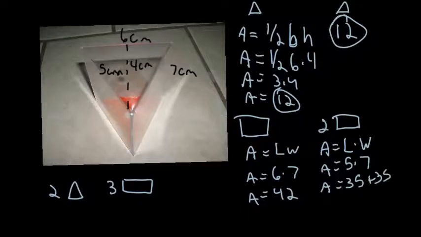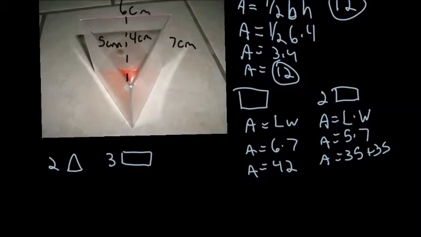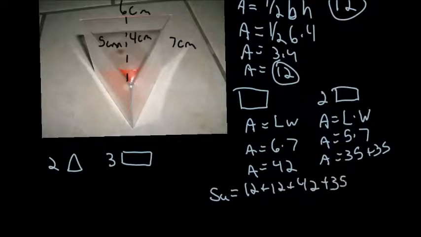So now I need to add all these up. So let's get a little room here. So my surface area now is going to equal 12 plus 12 plus 42 plus 35 plus 35. Well, 35 plus 35 is 70. 12 plus 12 is 24.